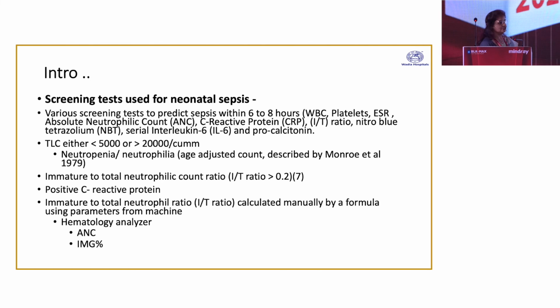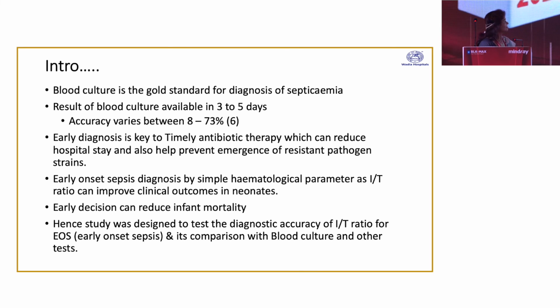So for IT ratio calculation, we need a hematology analyzer and the parameters related to neutrophils. I compare this study with the gold standard, that is blood culture. The result of blood culture is available after 3 to 5 days and the accuracy varies between 8 to 73%. The IT ratio can be given within a day or two.